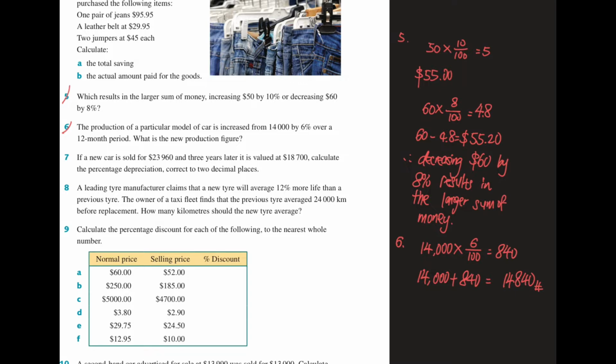Question 7. If a new car is sold for $23,960 and 3 years later it is valued at 18,700, calculate the percentage depreciation correct to 2 decimal places.